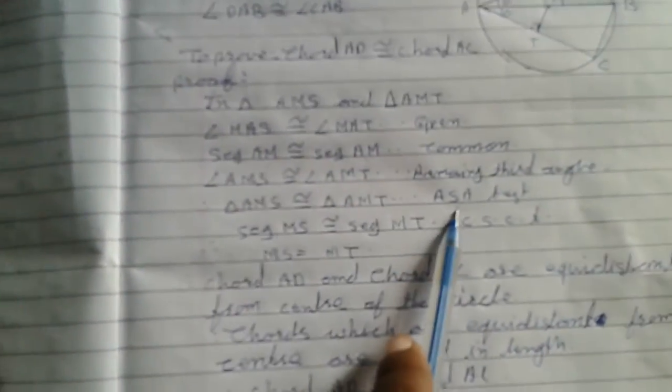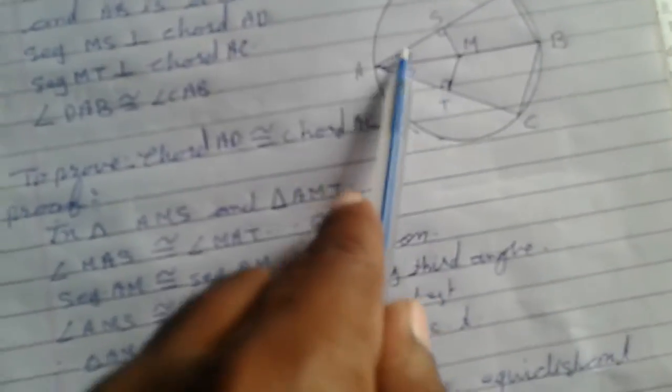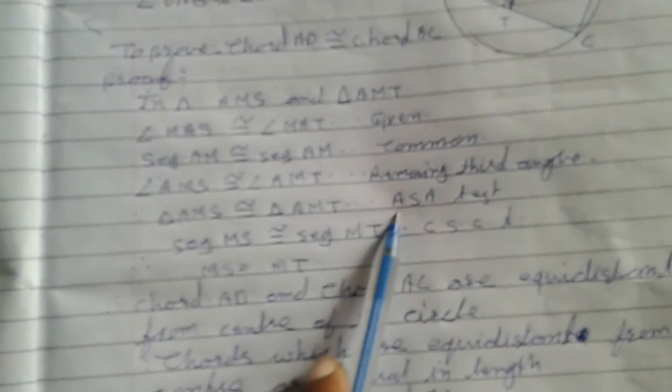And angle AMS is congruent to angle AMT. Reason for that: two angles of each triangle are congruent, so obviously the remaining third angles are also congruent. And therefore triangle AMS is congruent to triangle AMT by angle side angle test.